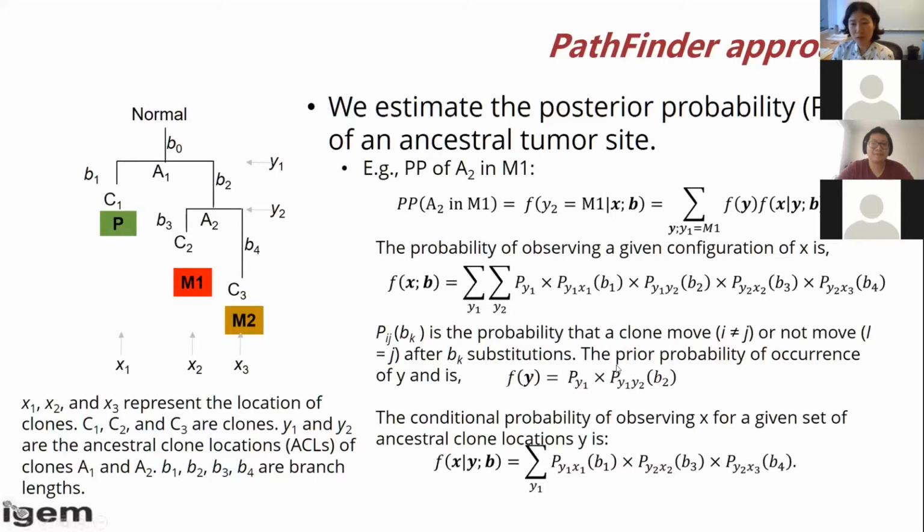We similarly compute the posterior probability of A2 found in P and M2, and then select the tumor site which receives the highest posterior probability to assign the tumor site of this ancestral clone A2. We repeat this procedure for other ancestral clones. In this case, another ancestral clone is A1.